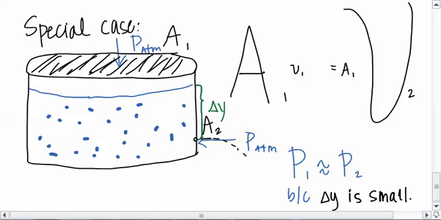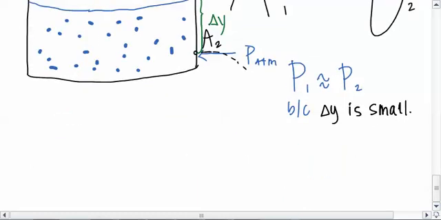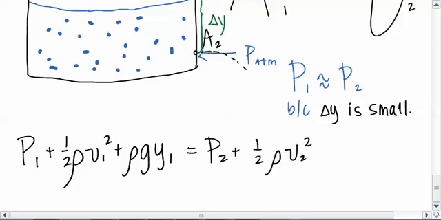So, let's apply this special case to Bernoulli's equation. Bernoulli's equation is pressure 1 plus 1/2 rho velocity 1 squared plus rho g y1 is equal to pressure 2 plus 1/2 rho velocity 2 squared plus rho g y2.